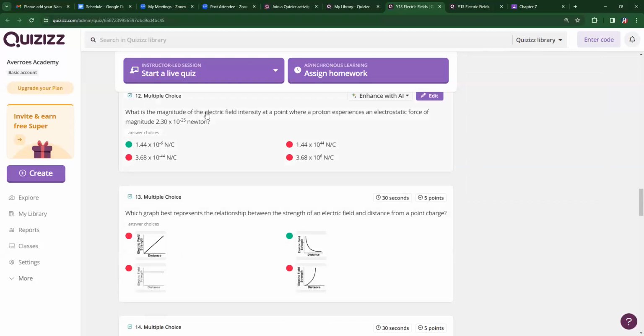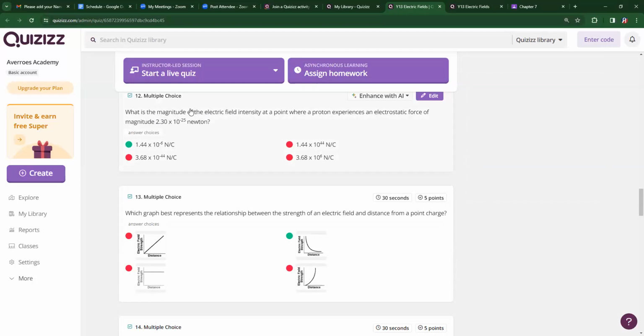What is the magnitude of the electric field intensity when you have the force? You divide force by charge, and the charge of a proton is the same as the charge of an electron. So you divide by 1.6 multiplied by 10 to the power negative 19, and you will get that number. You can use a calculator and try. Remember the exponent laws. When you divide force by charge, you divide the bases by each other, so 2.30 divided by 1.6.